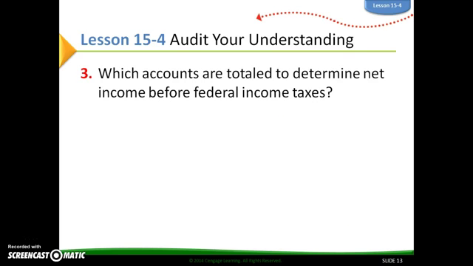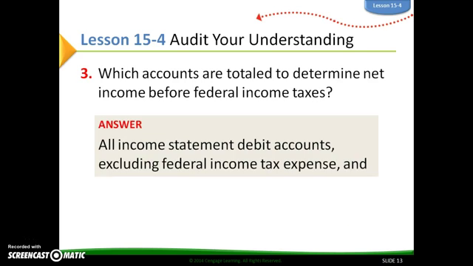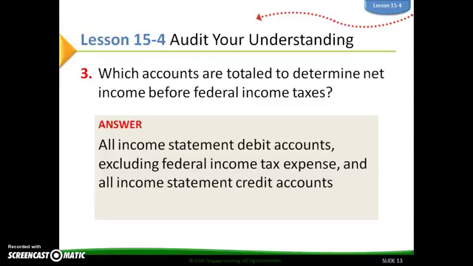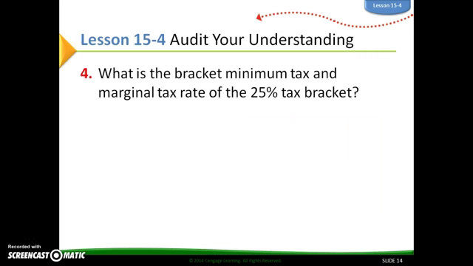Which accounts are totaled to determine net income before the federal income taxes? All income statement debit accounts, excluding federal income tax expense, and all income statement credit accounts. So you're looking at the income statement debit accounts and credit accounts except for federal income tax expense.